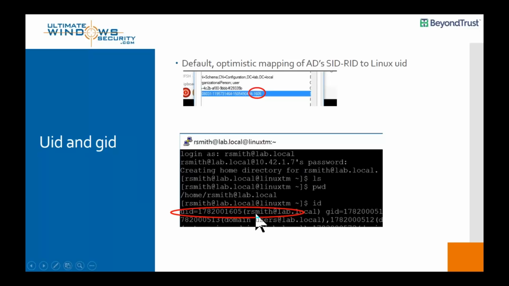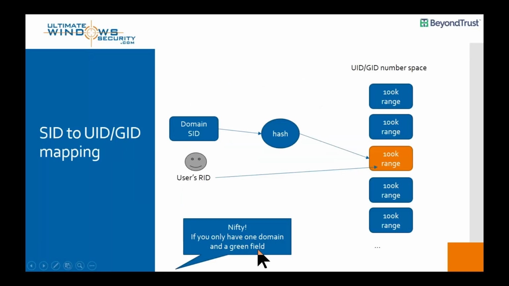And what that means is it uses this algorithm to optimistically map across the way that it has cut up the UID number space. Here's what I'm getting at. What SSD does, at least on CentOS, is take your UID number space and divide it into a number of ranges, each one of 100,000 possible numbers.